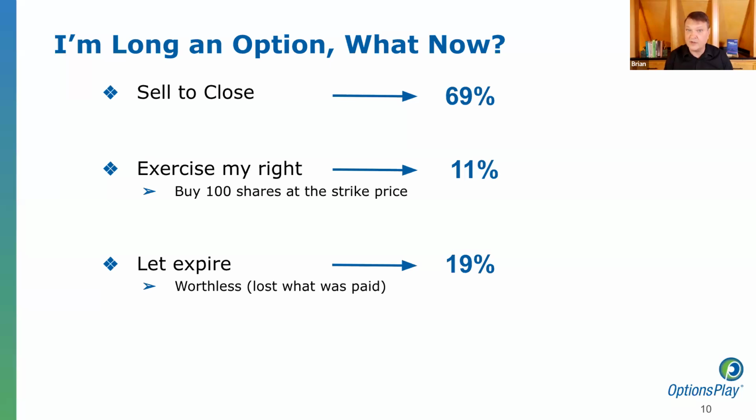I know a couple of registered investment advisors that all they do is sell options on stocks that they own, or sell puts to try to buy stocks if the stock goes lower. So about 19% of the time options will expire worthless. And only about 11% of the time do options actually get exercised.